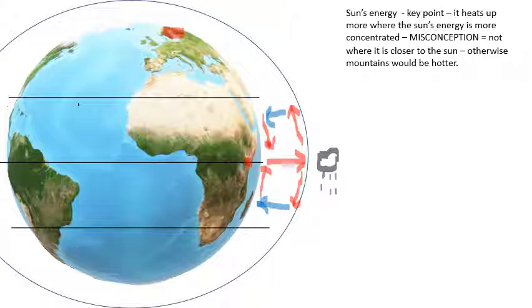Now at each end of these cells, because the air is sinking, it's warming, it means the clouds disappear, and it means we get a lot of sunshine here. And there we go. So this is the first circulation cell, and these are called the Hadley cells.